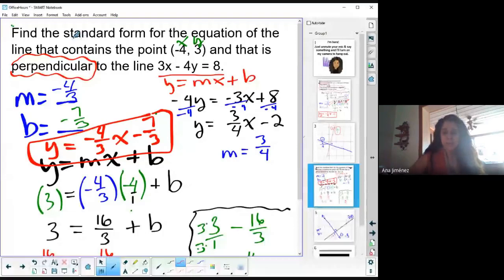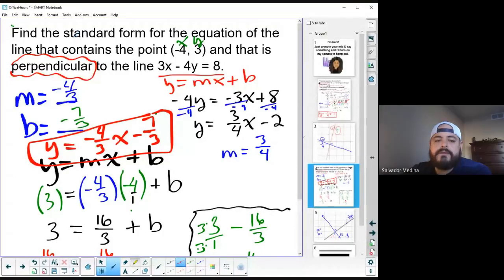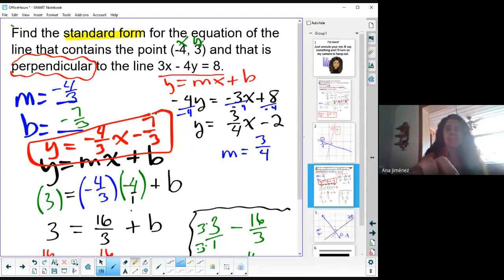All right. We're actually not finished with the problem though, because it asks for standard form, and I did that on purpose because I have a lot of students struggle with standard form.